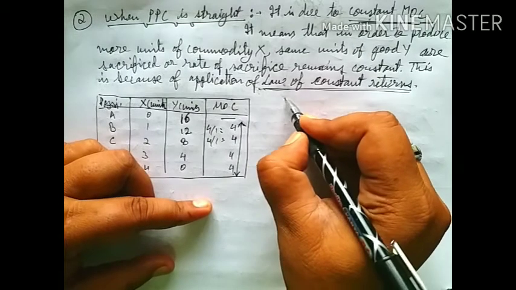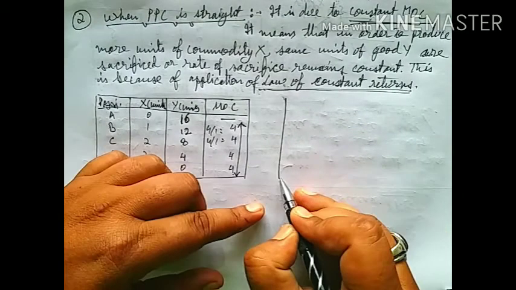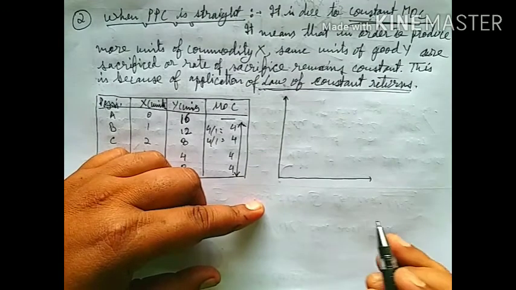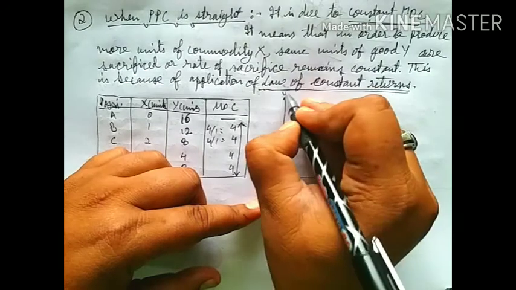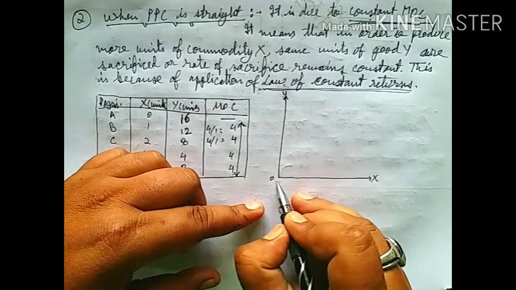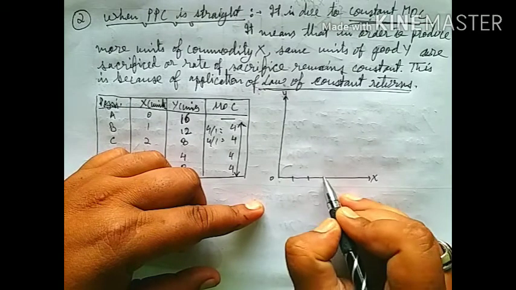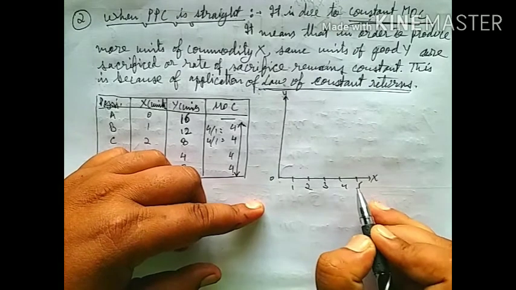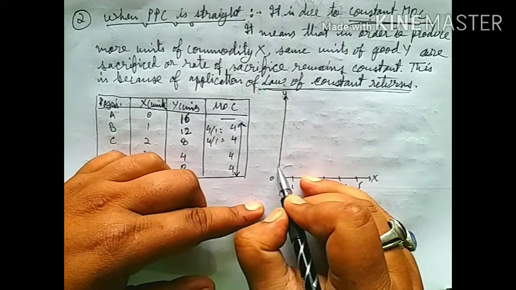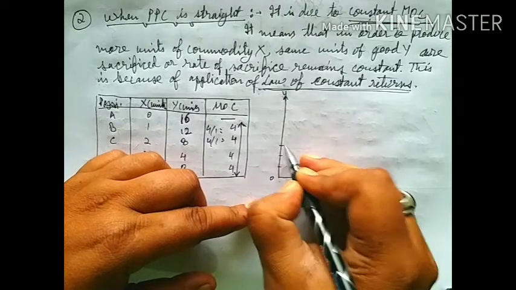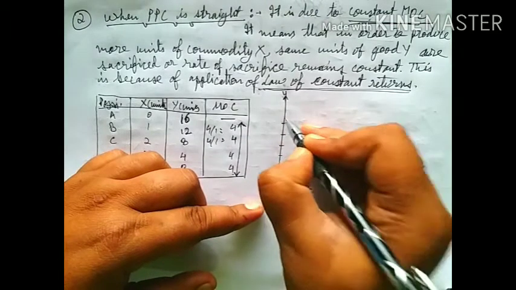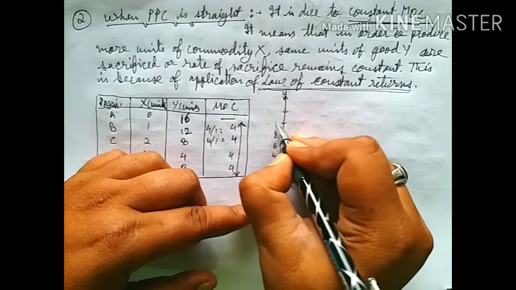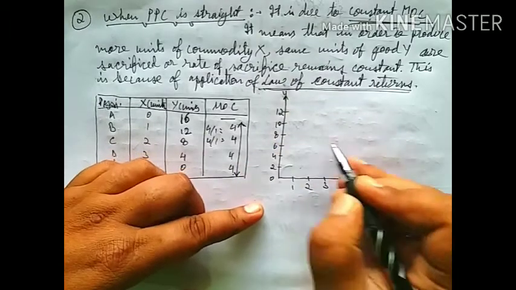And when we convert this data with the help of a graph, on the axis X and Y, we get 0, 1, 2, 3, 4, 5, and 2, 4, 6, 8, 10 and then 12.